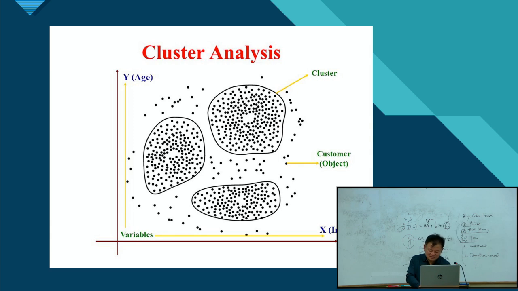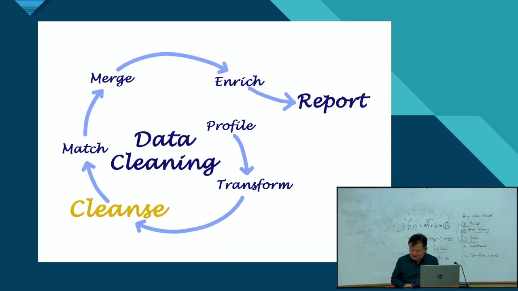This is cluster analysis. Let's move to the next topic, data cleansing. Data cleansing, as we said, is data wrangling. It is an important part of the data analysis process to ensure accurate results. Why do we need data cleansing? Because it ensures accurate results.